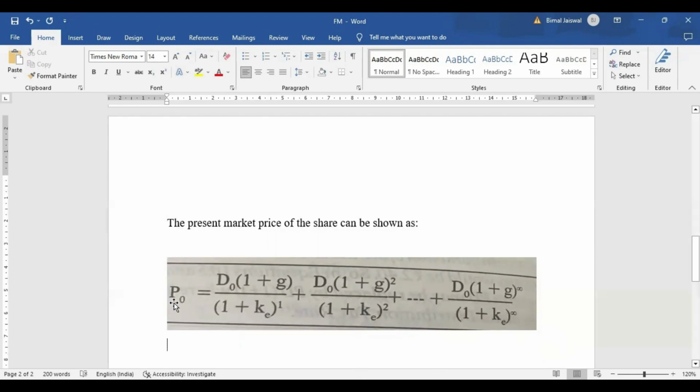You are aware that it is the issue price, or you can say the present market price.